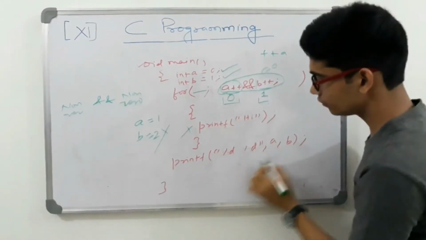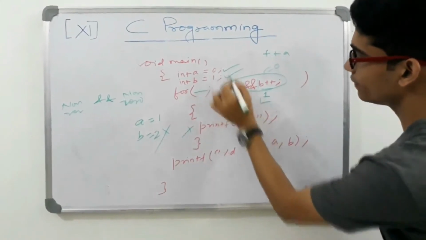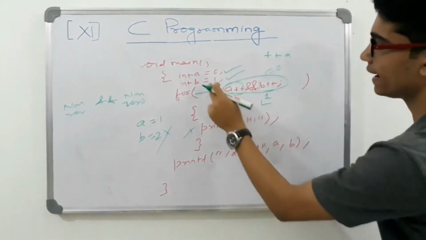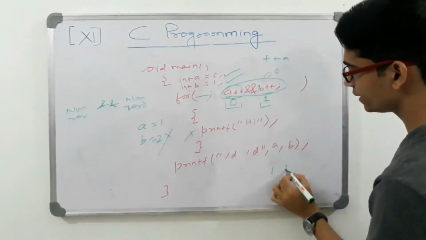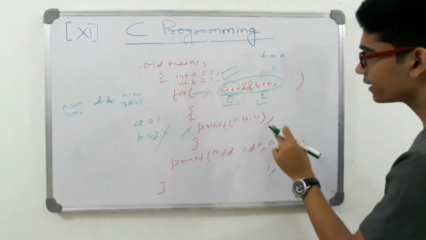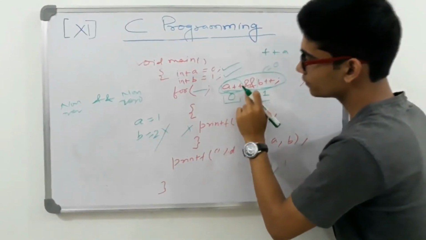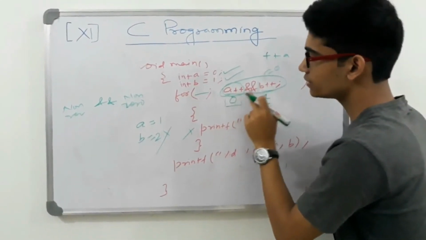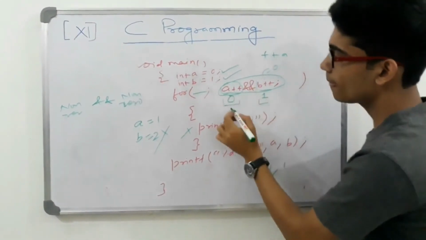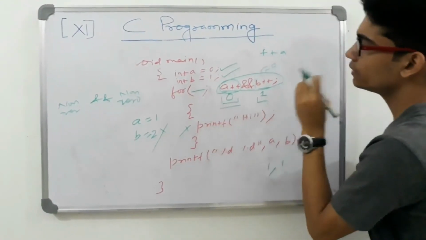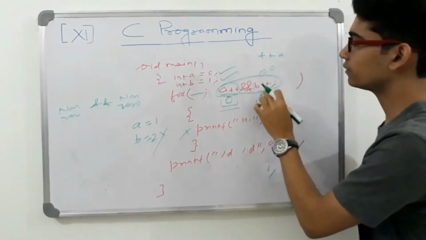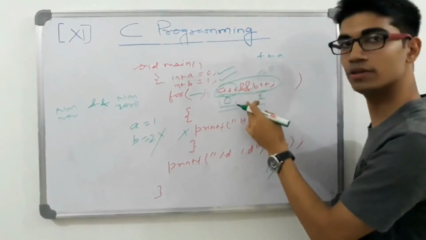So the output will be: a will be 1, and b is not going to be incremented, b will also be 1. Again I am repeating, keep in mind, whenever the first term is sufficient to predict the output, see, if this is 0, whatever the value of the other is, this is always going to return 0.